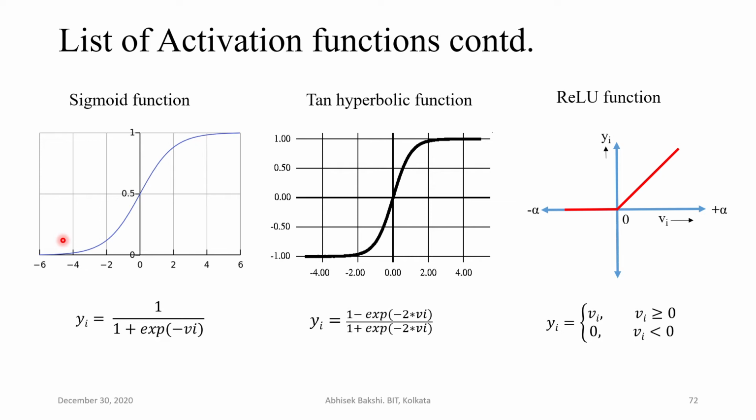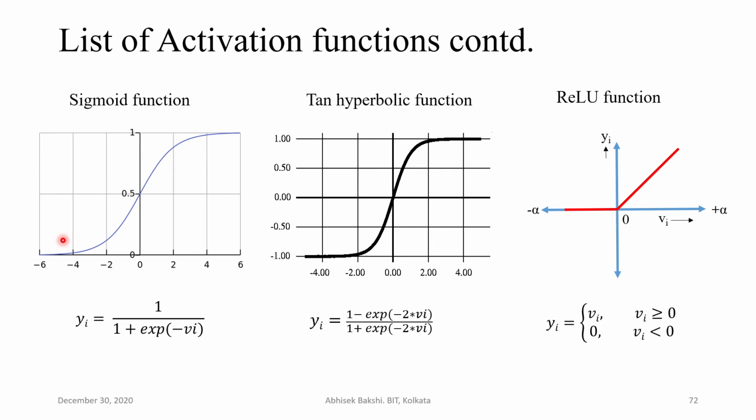And what does this sigmoid function say? This sigmoid function says yi equals 1 by 1 plus e to the power minus vi. You see, this particular function should be known to you. If you are able to recall my previous classes, then you will realize that this function was present in the case of the logistic regression function.